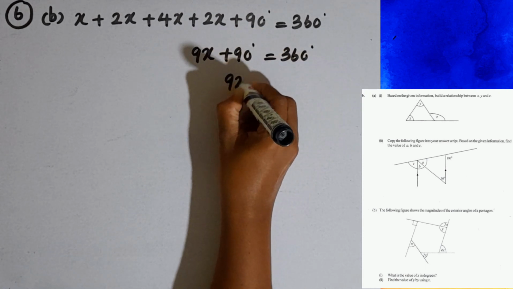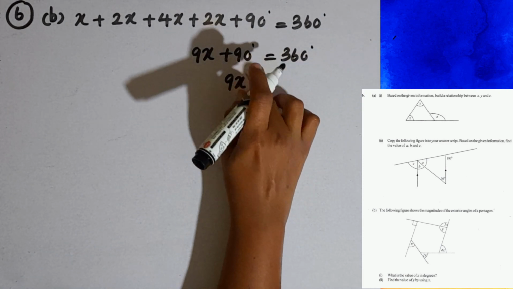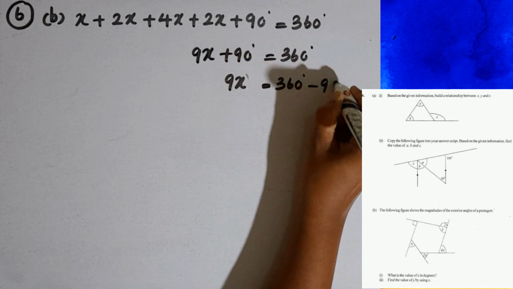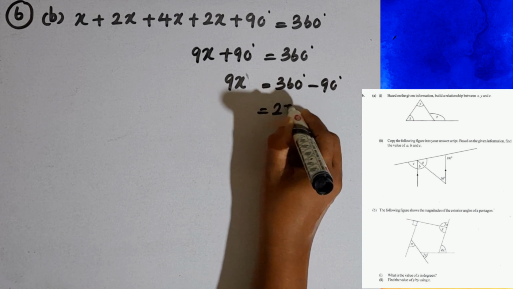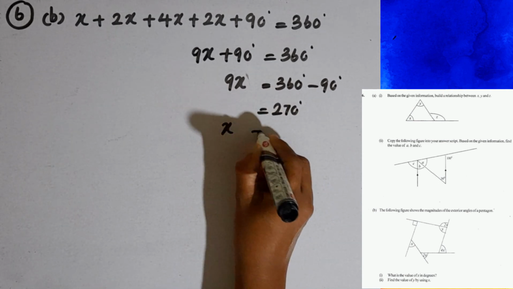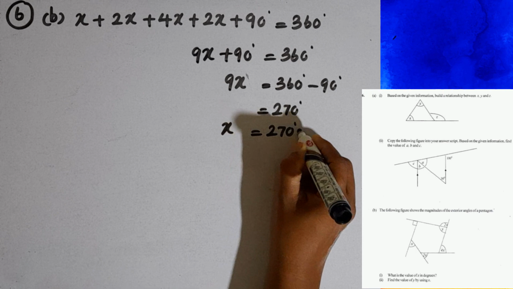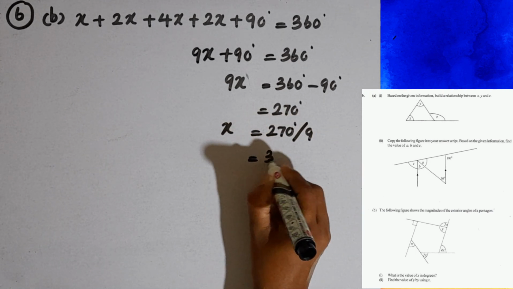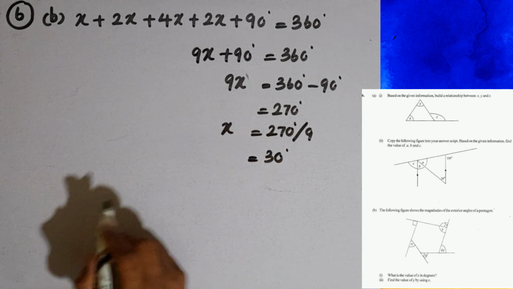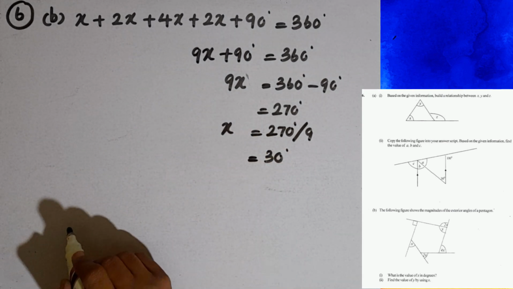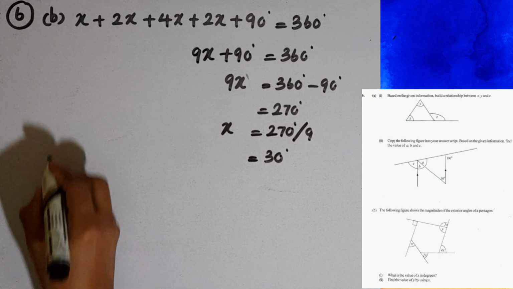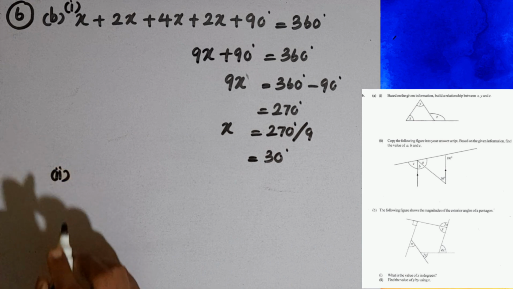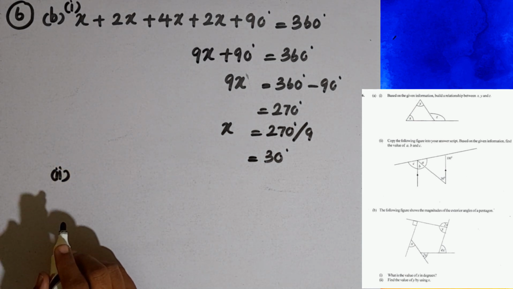Then 9x equals 360 minus 90, that is 270. So x equals 270 divided by 9. 30 degrees is the answer. The value of x is 30 degrees. Then second part, this is for the first part. Second part, find the value of y by using x.